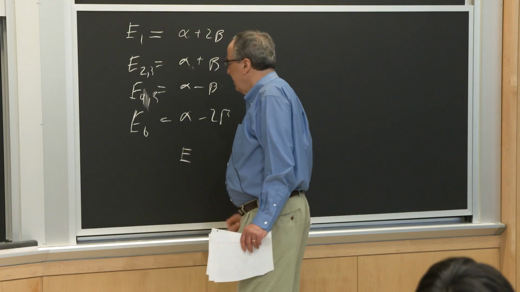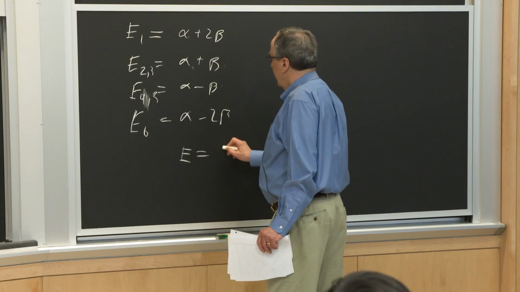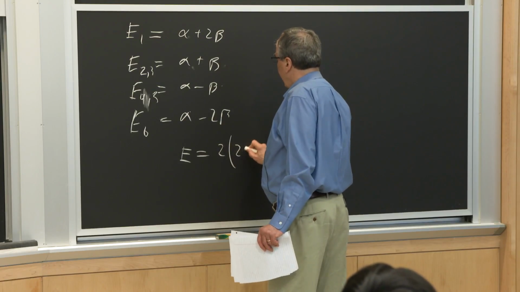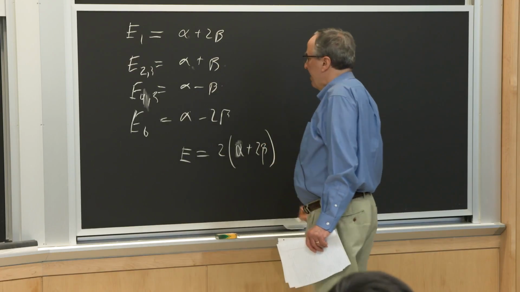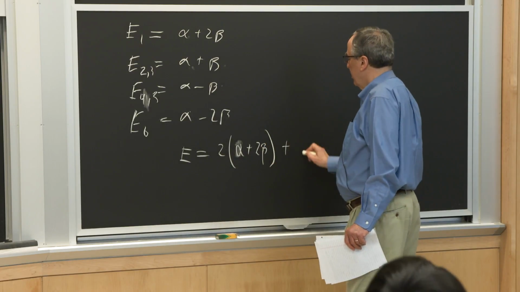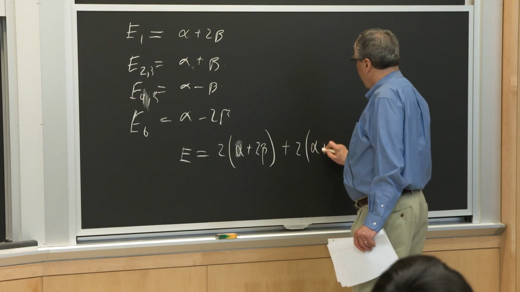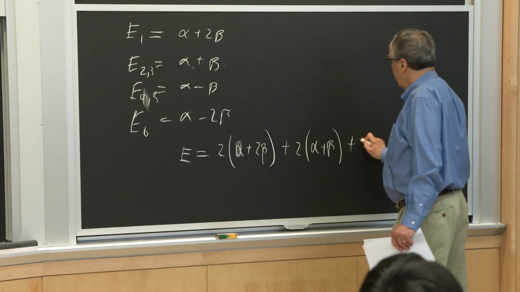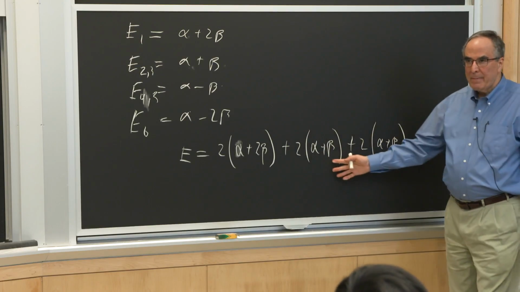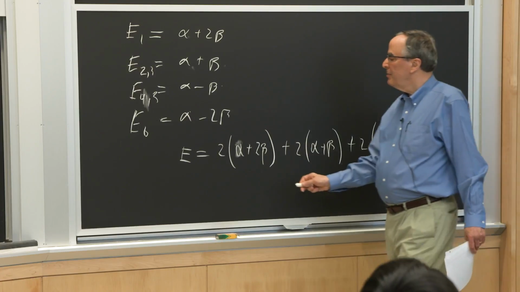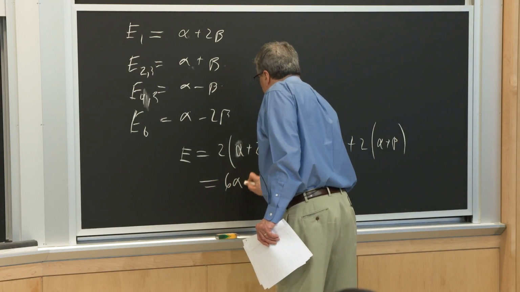The ground state is going to be 2 alpha plus 2 beta, plus 2 alpha plus beta, plus 2 alpha plus beta, right? And so this gives you 6 alpha plus 8 beta.